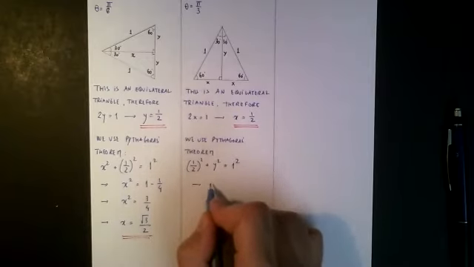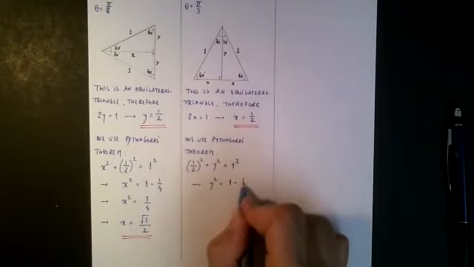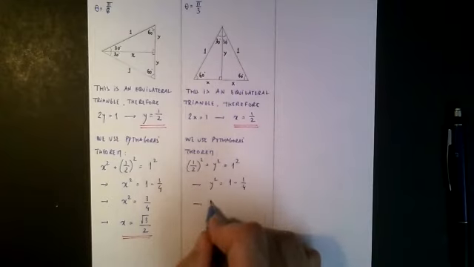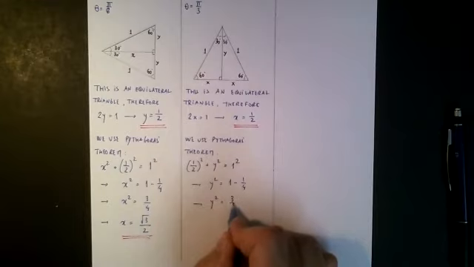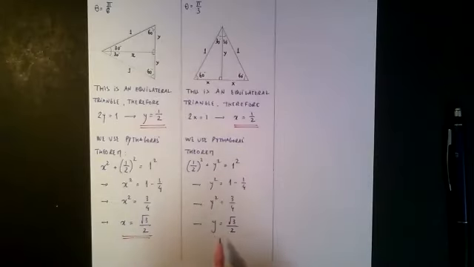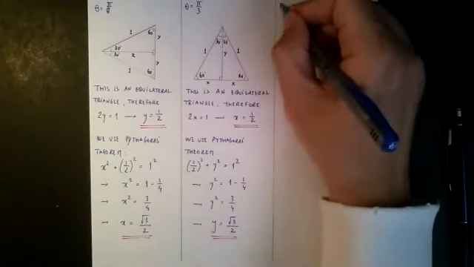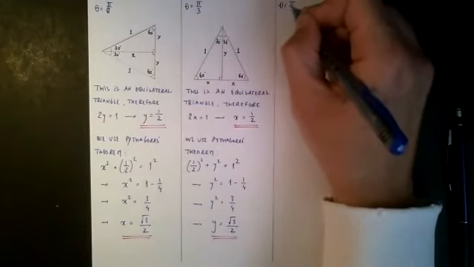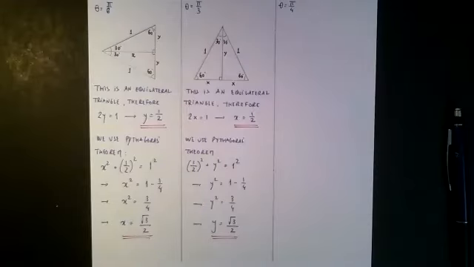Which means that y squared is 1 minus 1/4, which means that y squared is equal to 3/4, which means that y is, again, √3/2. Any questions?